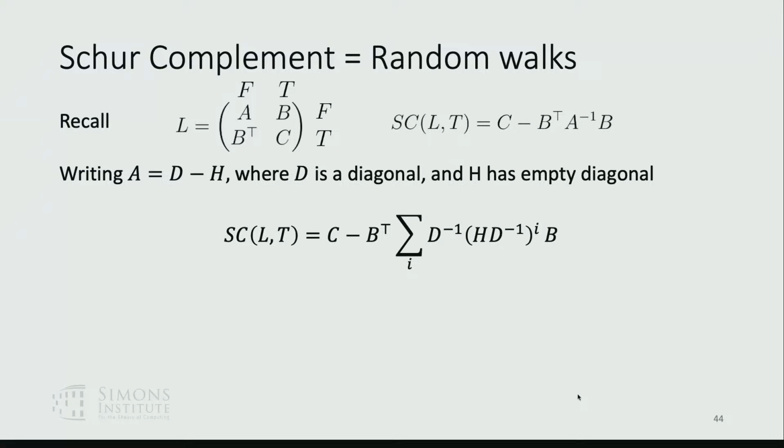I walk from T to F. Then D inverse, which means I distribute my probability distribution according to the degrees, and then take an edge inside F. I walk from T to F, take a random step inside F. I keep walking inside F until I exit with an edge that comes back to T.